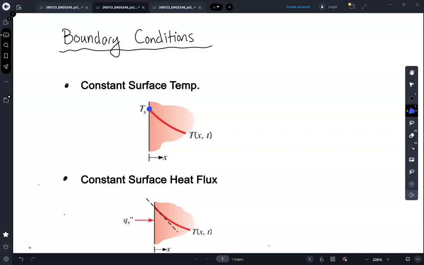What that's going to look like mathematically is the temperature at a position, here at x equals 0, or maybe at a different location, x equals L, wherever that location happens to be, at all times t equals just some number. In this case, I'll say it's the surface temperature. Fairly straightforward, the easiest boundary condition to apply and think about.